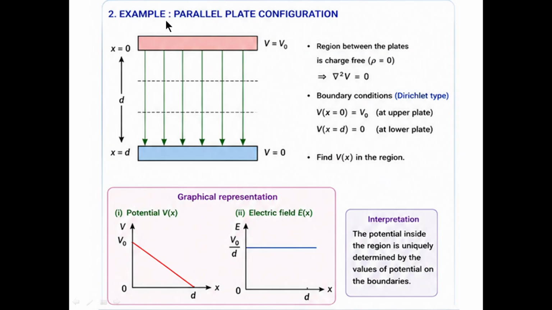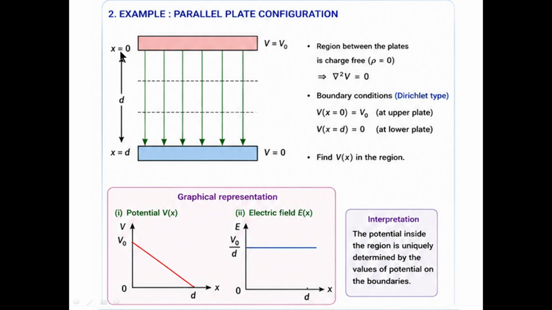We can take example of parallel plate configuration. Here we have a plate with potential at V naught and this plate having a potential equal to 0. So this plate is at a higher potential and this plate at a lower potential. Here x is equal to 0.